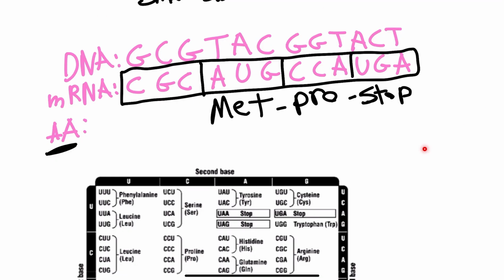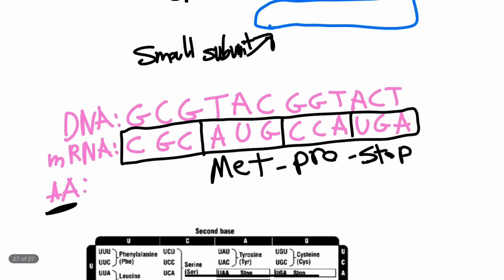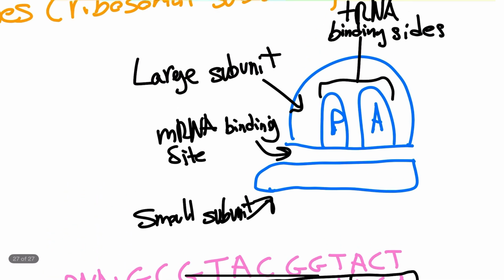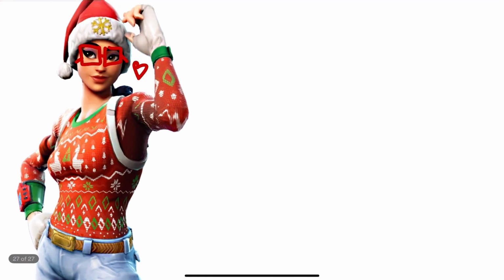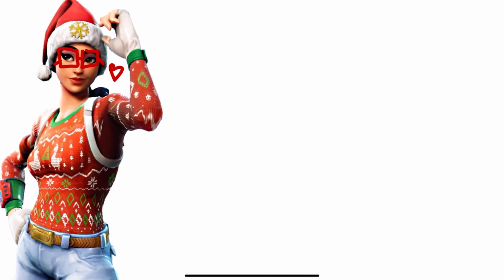So now, how does this whole process, alright, how does that happen in here? Alright, how does that happen? Well, we're going to figure it out. You will see. I have to get really artsy here, so don't mind the artsiness. I'm going to try my best. So, I got my ribosome.